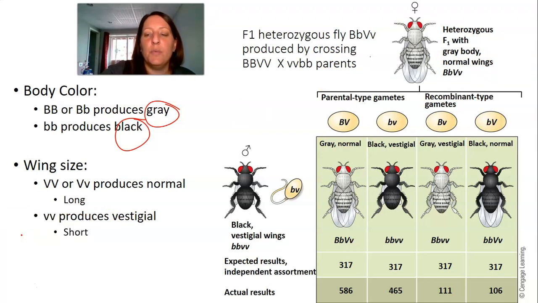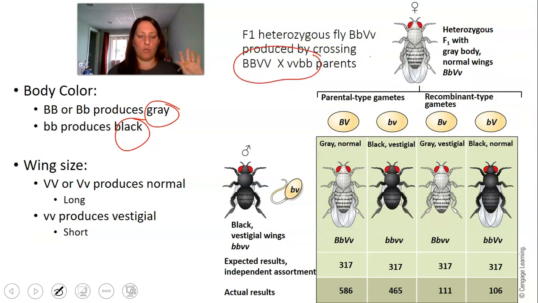So we start off these studies by crossing 2 homozygous parents. So the parental generation, the P generation, would be one fly that is homozygous dominant for both the B and V gene, and the second fly is going to be homozygous recessive for both the B and V gene. And so we cross those flies and we get the F1 heterozygotes, which are all big B, little b, big V, little v.